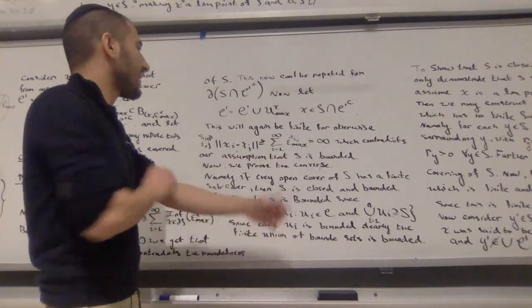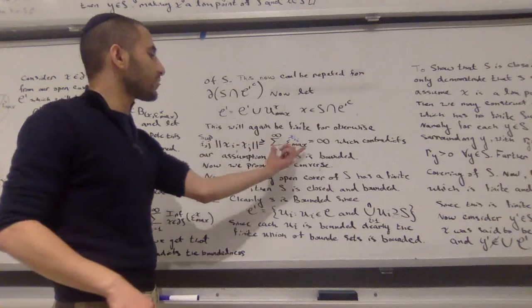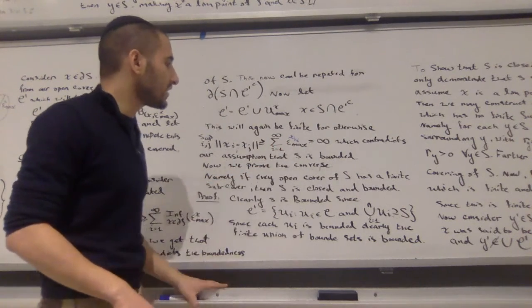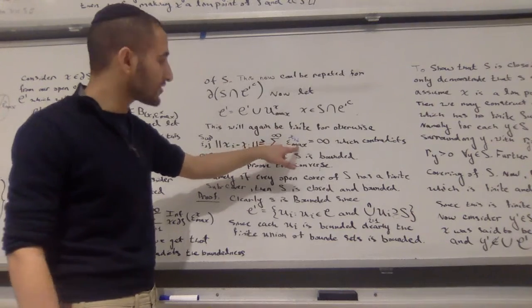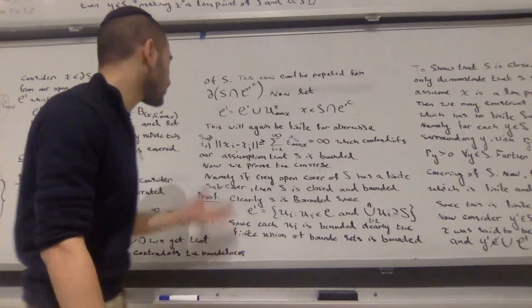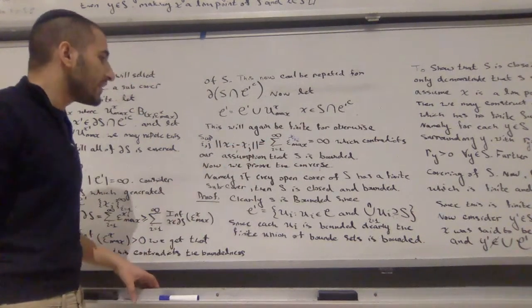Now, in case it was infinity, this would have to be an infinite sequence of a subsequence, but since each term as well is non-zero, this is going to be infinity, which contradicts our assumption that, again, S is bounded.